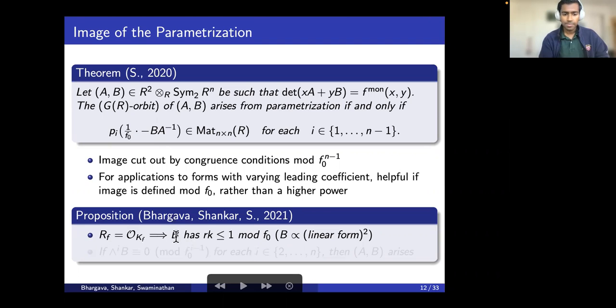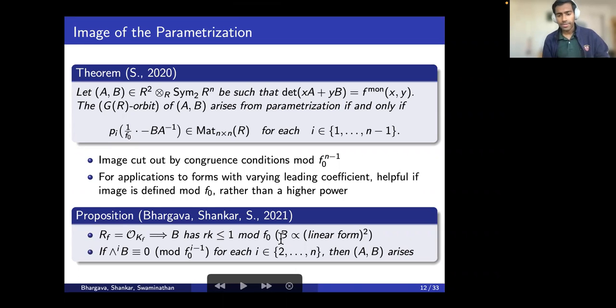So if you think of B as being a quadratic form, remember B is a symmetric matrix, then this is just saying that B should be a multiple of the square of a linear form, mod f naught. So it's very, very simple in the case where R_f is the ring of integers of a number field. And in that case, the image of the parametrization is defined mod f naught, not some higher power.